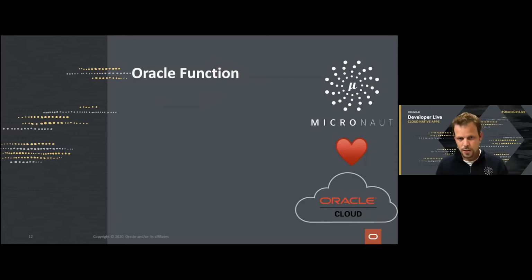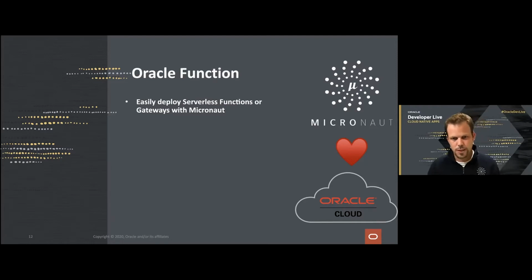So speaking of efficiencies, Micronaut also has great support for Oracle Function, which is a service platform that allows you to deploy completely serverless applications behind API gateways or as a response to events. And you can easily build Oracle functions with Micronaut.